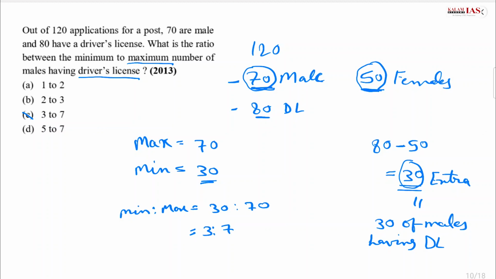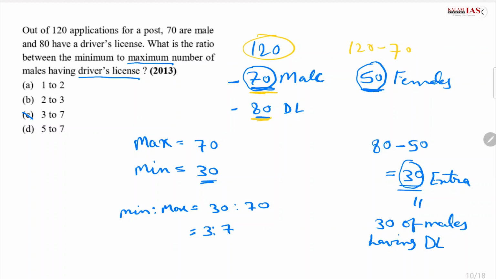I hope again this was a very simple question. I'll just have a small recap. There are 120 applications for a driving license. Out of them 70 are male, which means 120 minus 70 are females, that is 50. And out of all the applicants, 80 have a driving license.